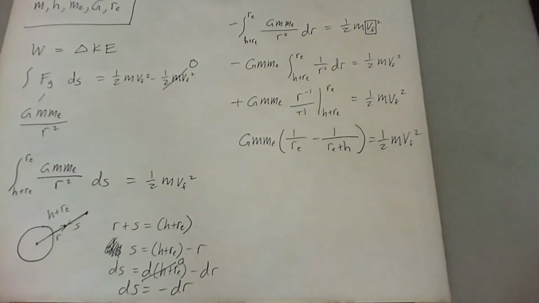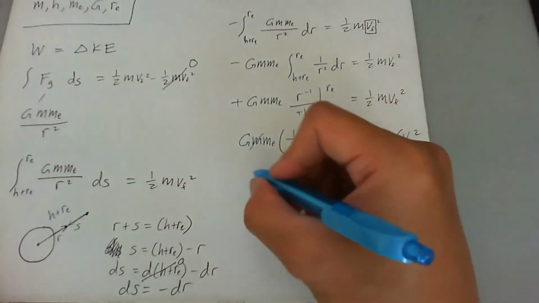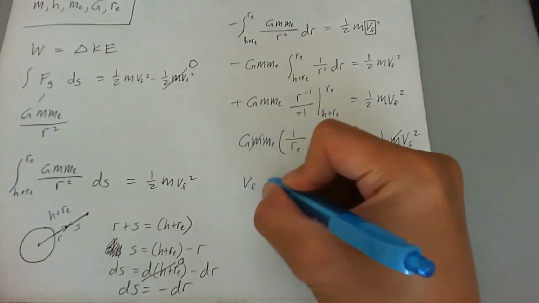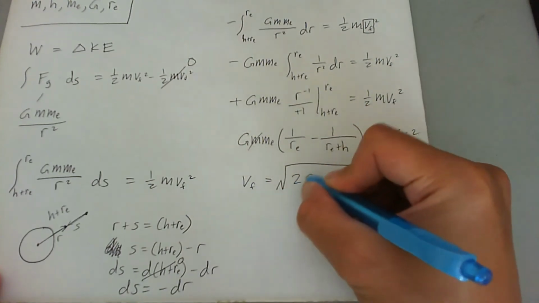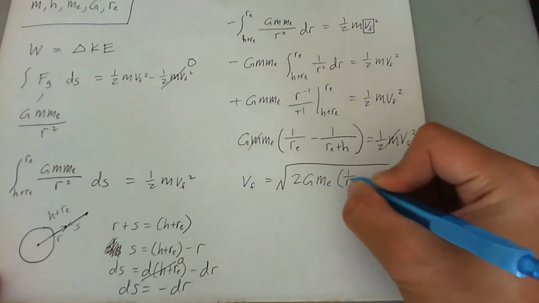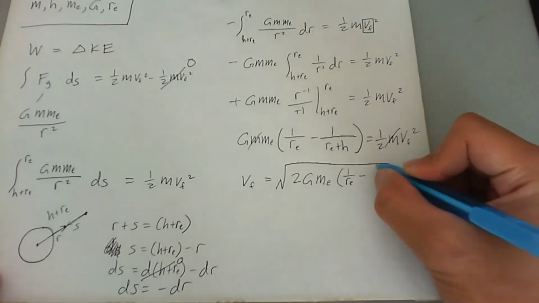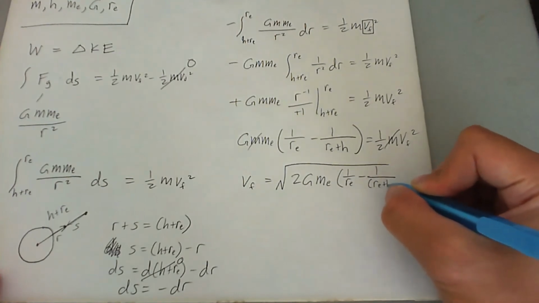And now we just solve algebraically for v_f. The m's cancel out, and we're left with v_f equal to the square root of 2 G M_E times (1 over R_E minus 1 over R_E plus h).